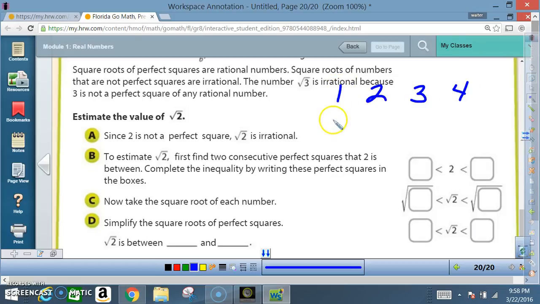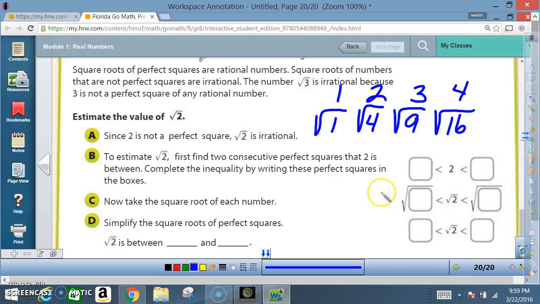So 1 squared is 1, 2 squared is 4, 3 squared is 9, 4 squared is 16. After that, you put square root symbols over each of the numbers.